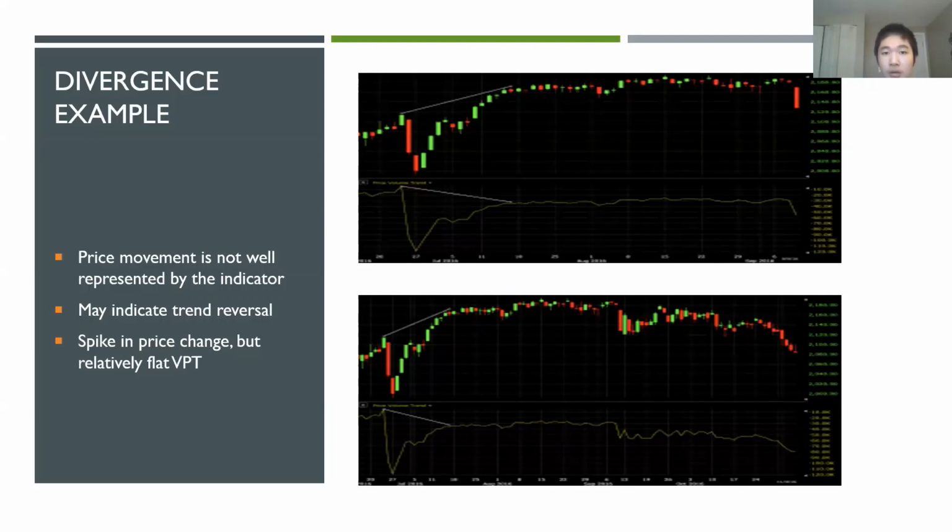But what is interesting is that if you look closely, there has been a bounce since the dip, but it is not really represented well by the volume price trend, because despite there being a spike in price, the VPT, which is the volume price trend, remains relatively flat, which means there might be an indication of a trend reversal in the near future because the price increases without strong support by the volume.